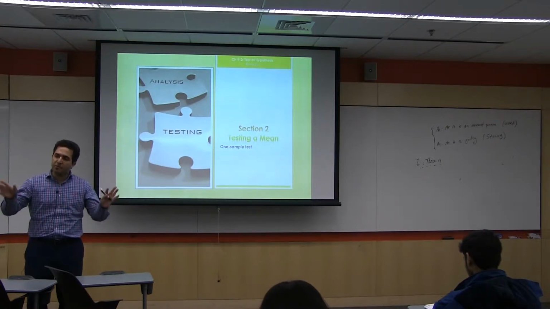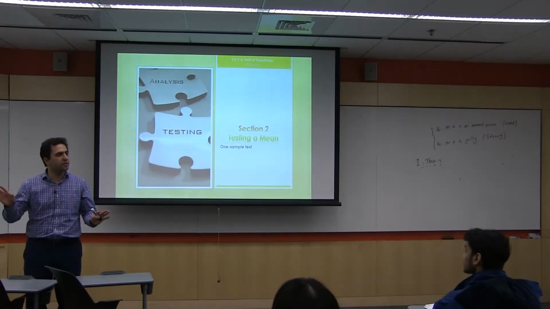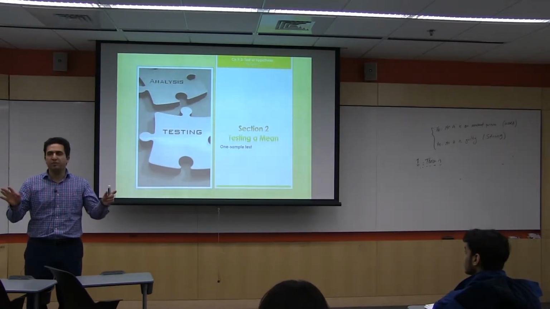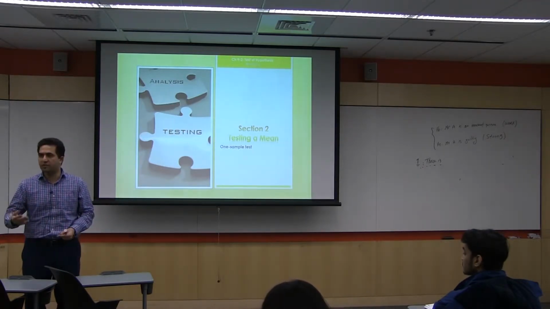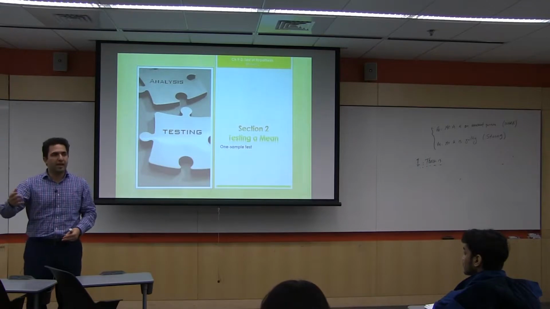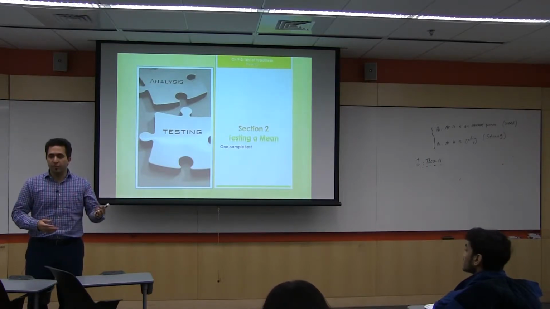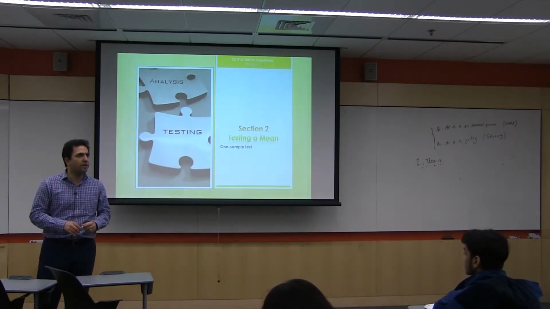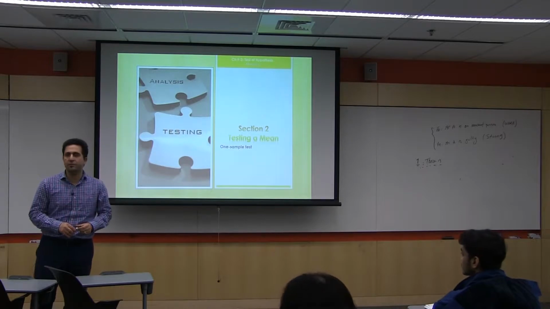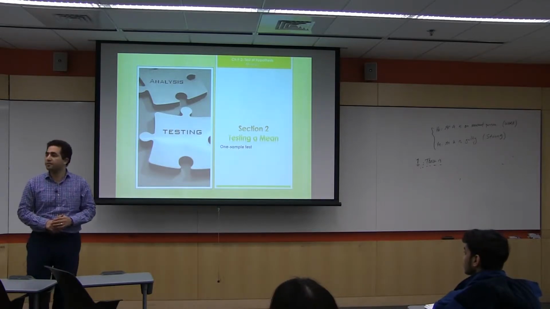We're going to have the same types of tests as we have for confidence intervals: one sample mean with known variance, one sample mean with unknown variance, two means with known variances, unknown variances, proportion, difference of proportions, variance, ratio of variances. These are all different types of tests we're going to cover today. So, any question before I start the first part?